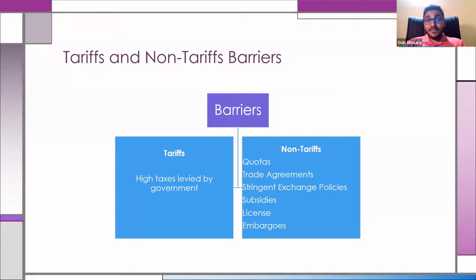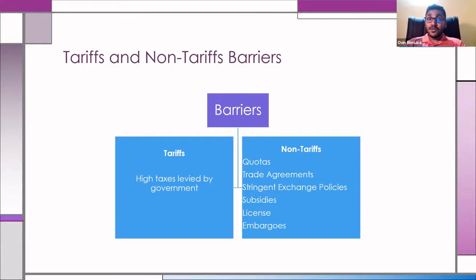Whatever support you are giving to the local producer will make the local supplier strong, and as a result they can compete with the international players strongly, so that it will interfere with free trade, it will interfere with foreign trade.